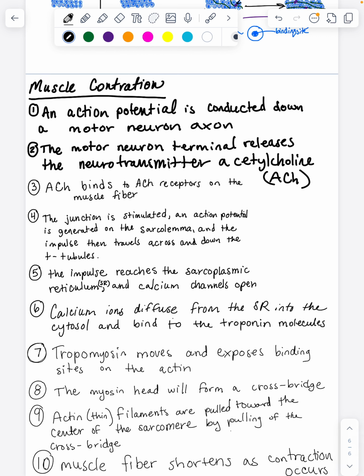What I would like you to put in your notes are these 10 steps. Just write them down, okay, so that I can go through them in class. They may not make total sense to you yet, but they will.